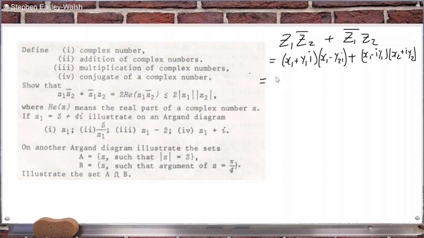Multiply this out. That becomes X1 squared minus X1 Y2 i plus X1 Y1 i plus Y1 Y2 plus X1 X2. Oh, that should be a 2.